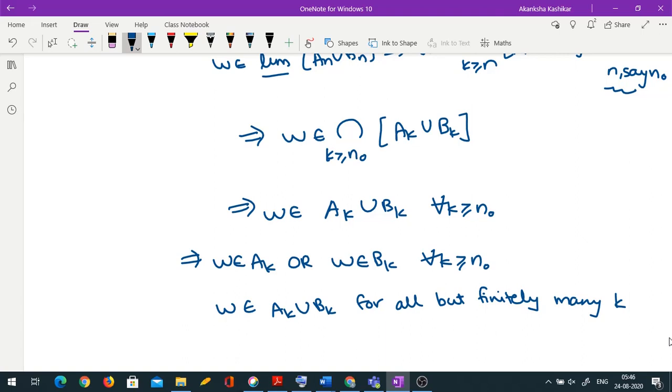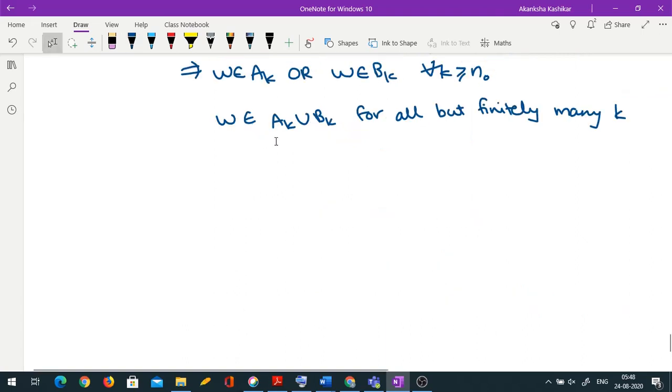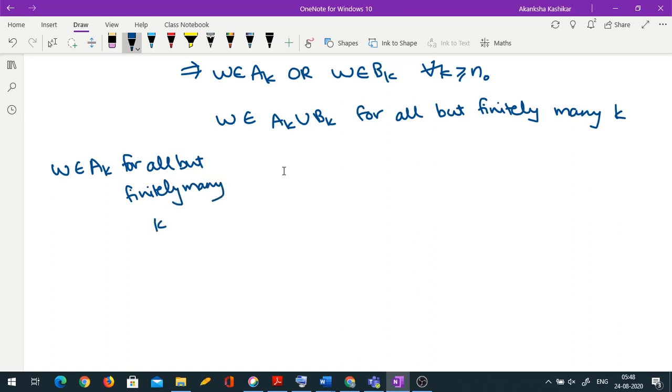Okay, because except for, okay, so omega is in ak union bk for all but finitely many k. So there are three possibilities. Omega is in ak for all but finitely many k, second possibility is omega is in bk for all but finitely many k's.